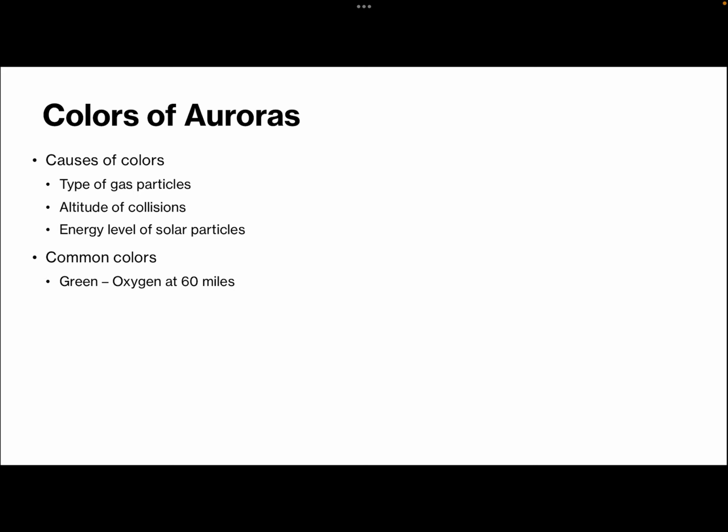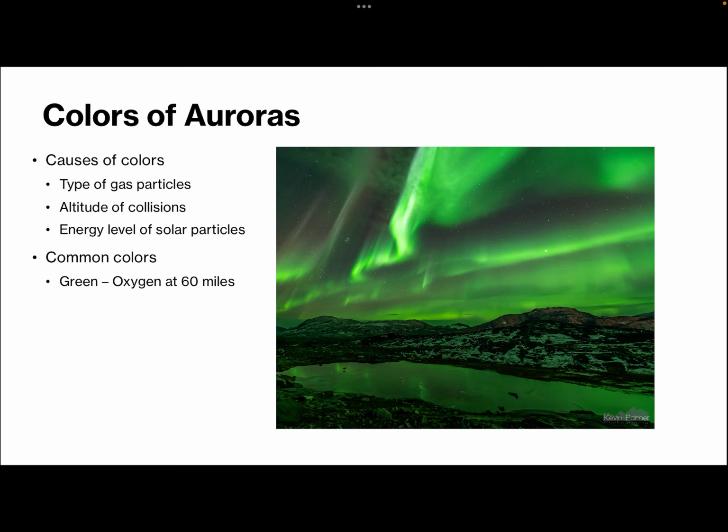Now some common colors are green, and that's oxygen. That's the solar winds hitting the oxygen particles at 60 miles above the Earth, and we get this beautiful green color. Then we have red, and that's the same oxygen particles, it's just at a different altitude.